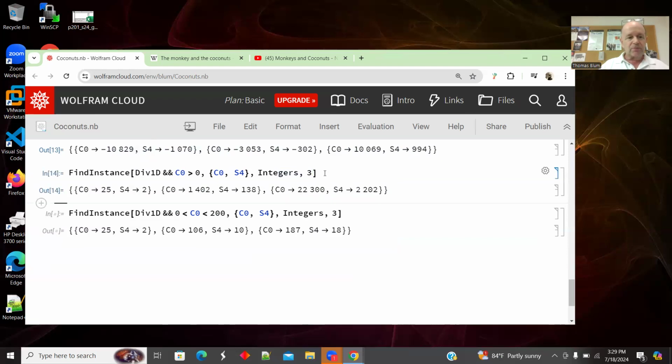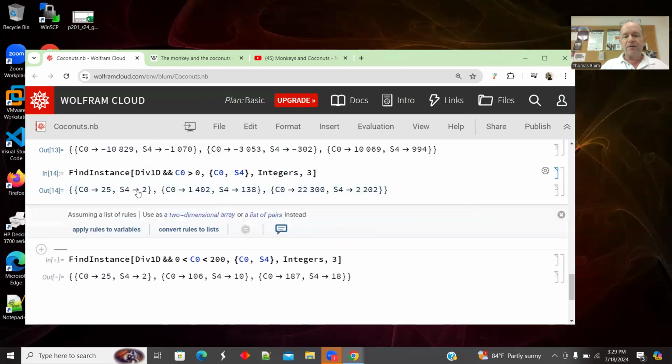Then it did give me the 25, and then it jumped up into the thousands and the tens of thousands. Again, I don't know what it's doing behind the scenes, but I can narrow it down a little more and say I want answers where C0 falls between 0 and say 200.